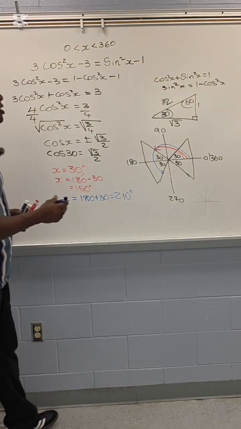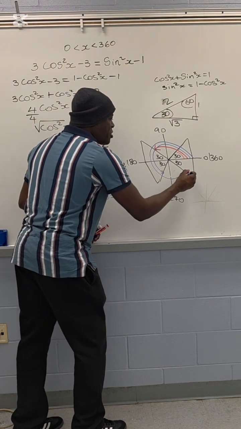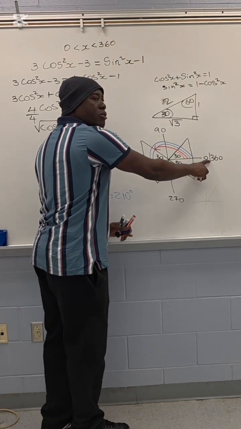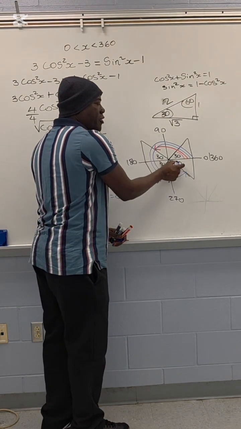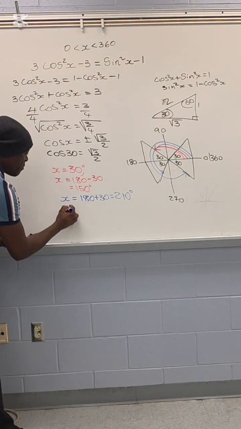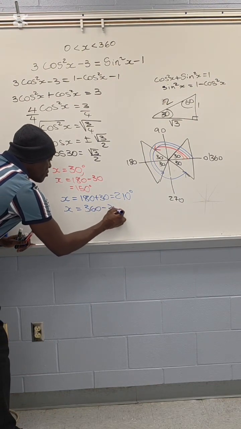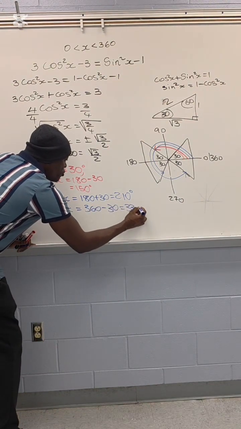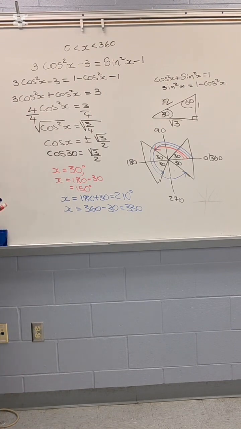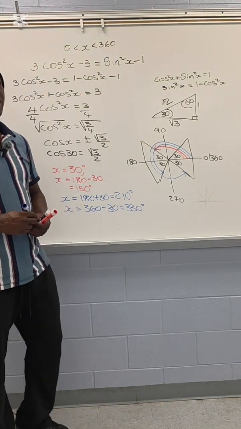And the last response is going to be going all the way around to here, which is almost 360, except I'm going to take 30 out of it. So my fourth answer is going to be 360 minus 30, and this is 330 degrees. And these are the four responses: 30, 150, 210, and 330 degrees.